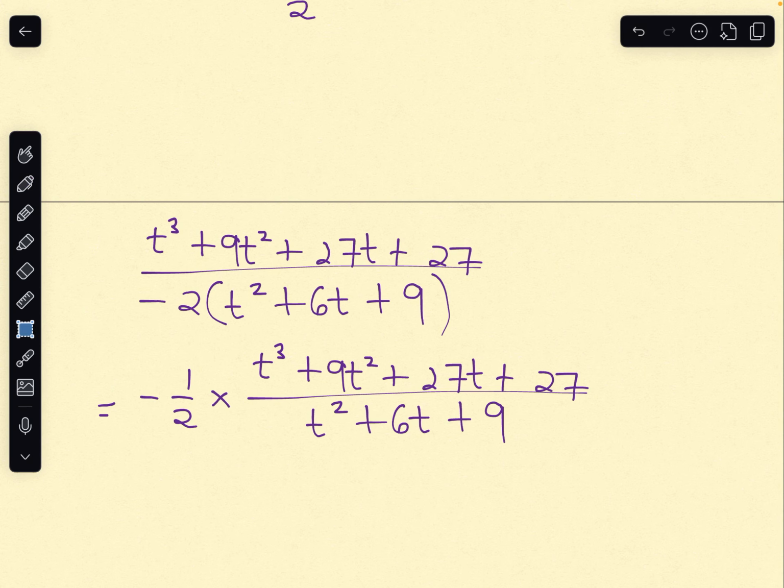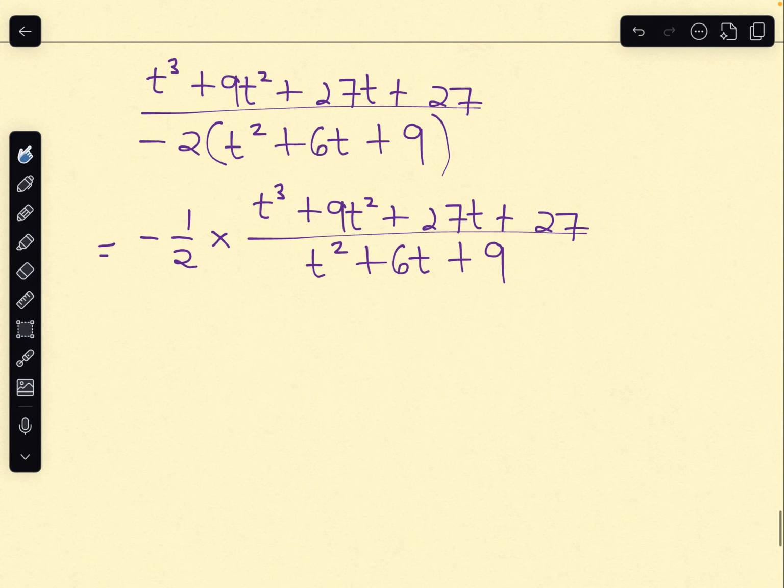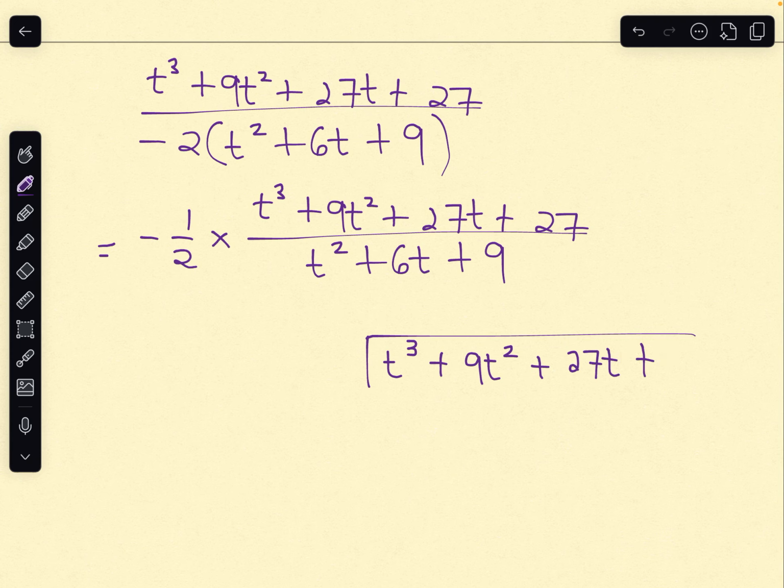So to do this division, you can do long division. Let's have a look at how that would work. This would be t cubed plus 9t squared plus 27t plus 27 divided by t squared plus 6t plus 9. So you first say, okay, how many times does t squared go into t cubed?